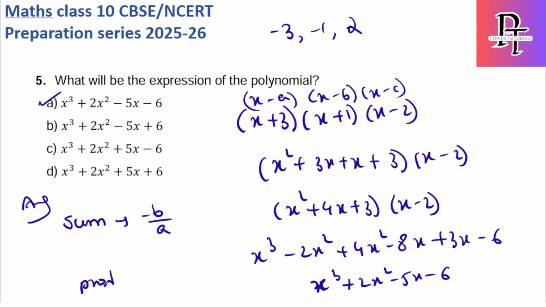Product of all is minus d by a, and the combination of product, alpha beta plus beta gamma plus gamma alpha, is c by a.